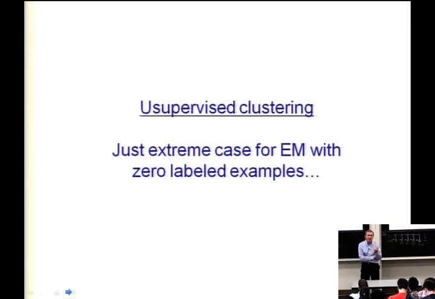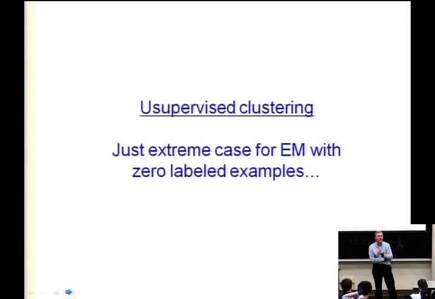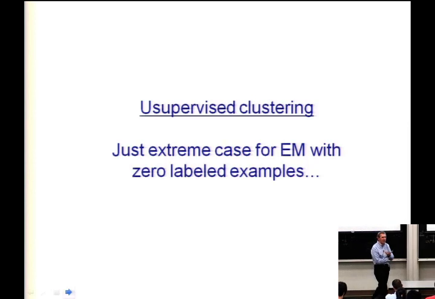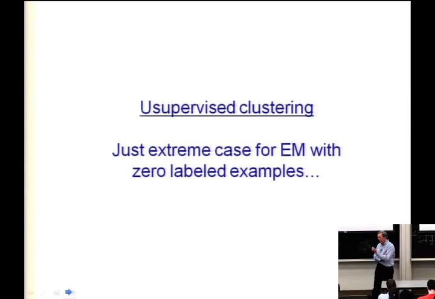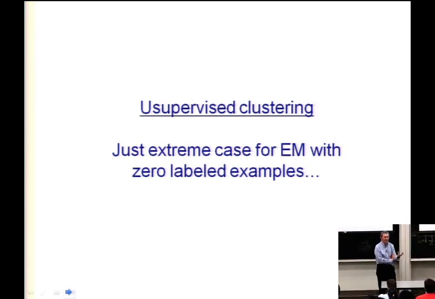And what it takes to do that is to come up with a different principle for what's the objective we want to optimize. We can't say we want to maximize the probability of the observed training data because we're not observing all of the variables in all the examples.